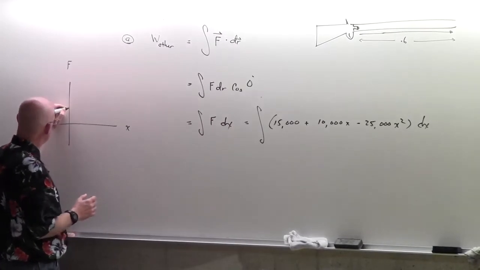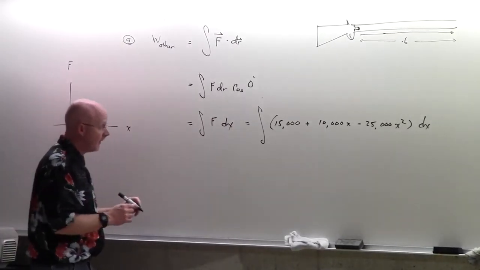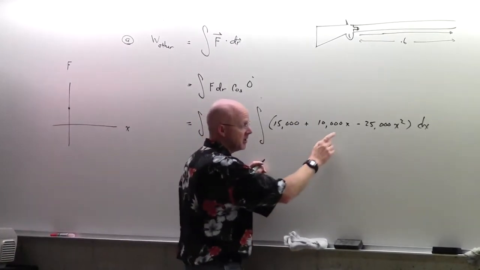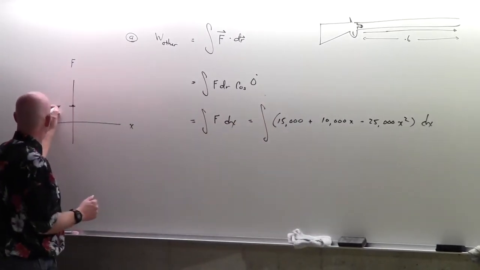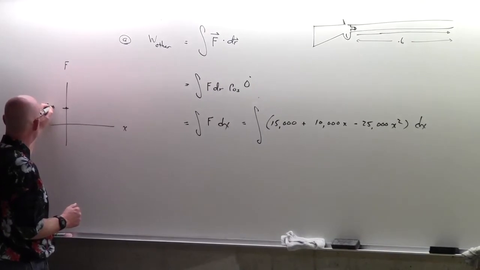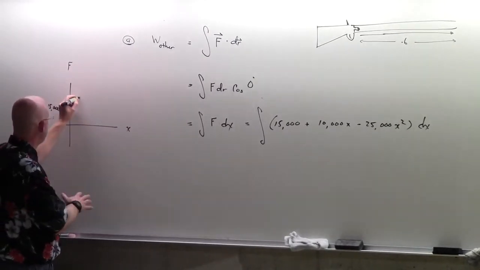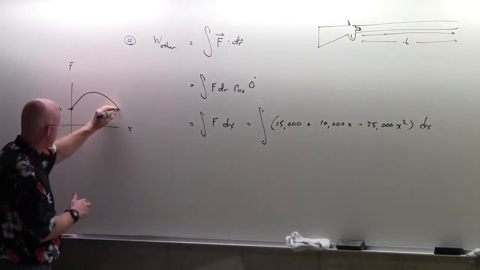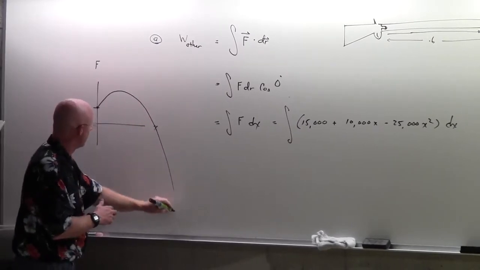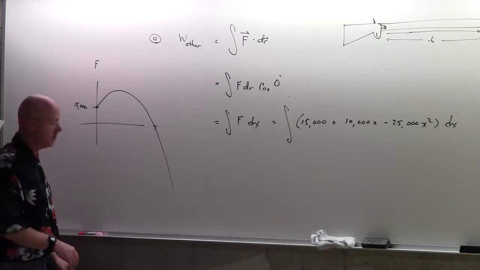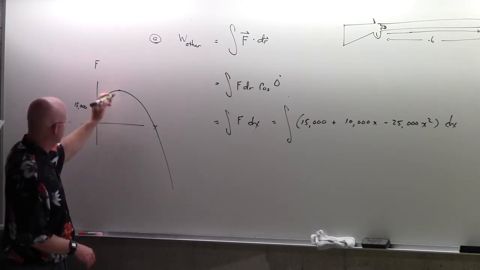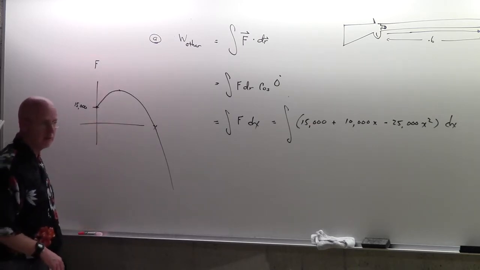So it looks to me that what they're saying here is when x equals 0, the initial force is 15,000. And then I have a parabola that looks like that, concave down, peaking here at some point.